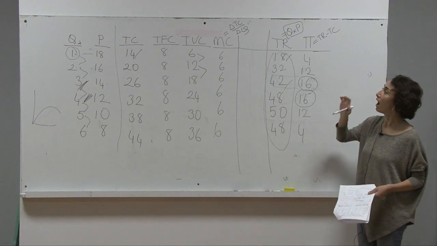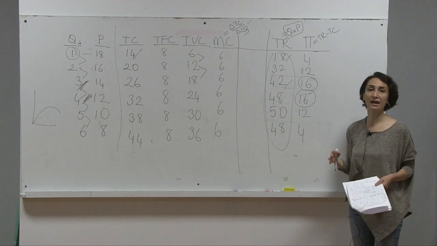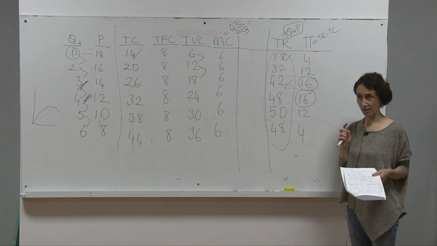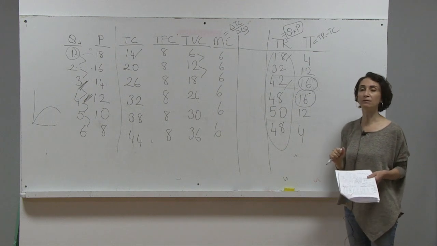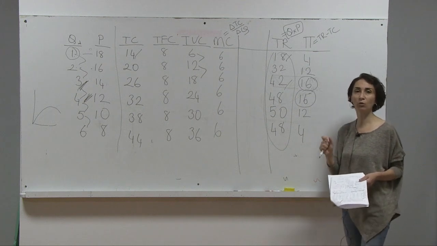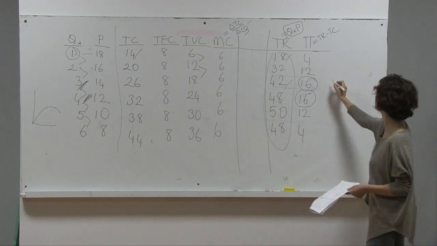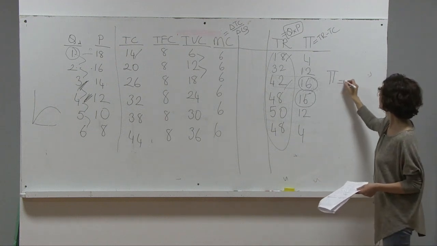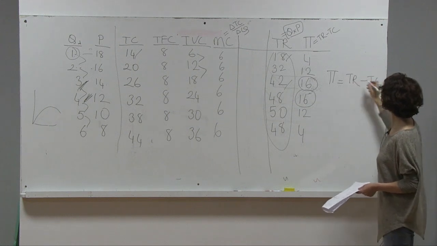Now, how can I solve this question? By looking at only marginal revenue and marginal cost. Remember, when we were talking about perfectly competitive markets and the firm's profit-making decision, profit is total revenue minus total cost.